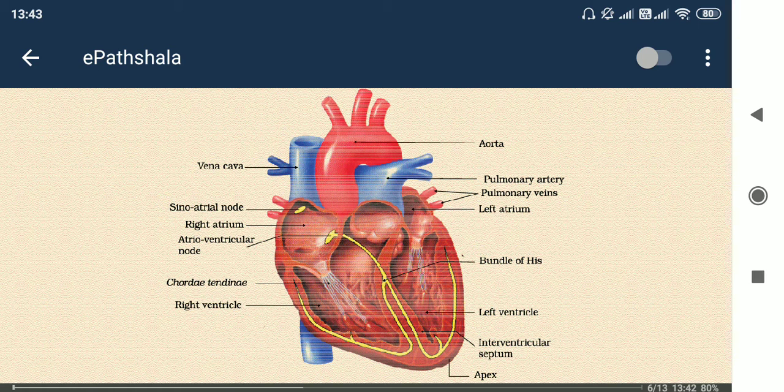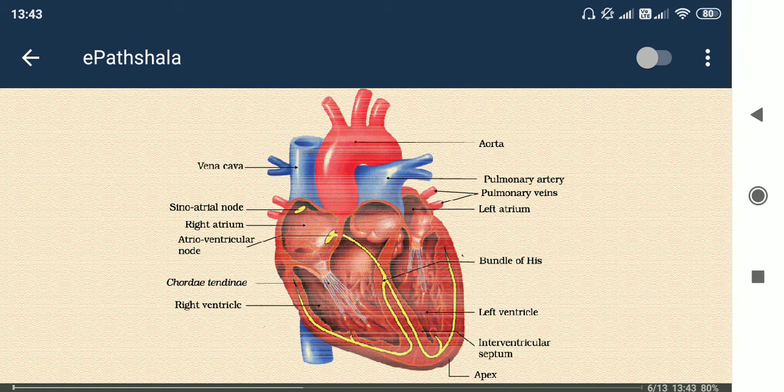The SA node is known as the pacemaker because it generates the impulse which is needed for heart contraction.